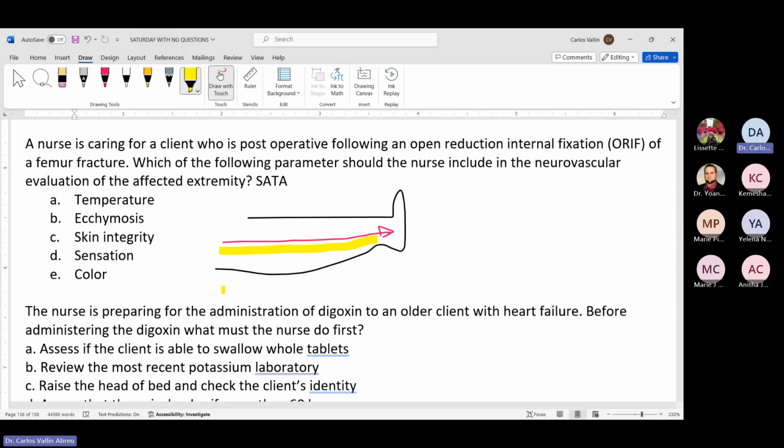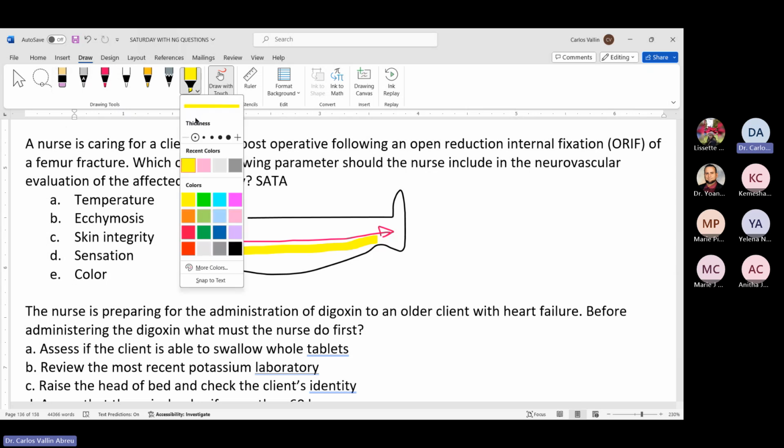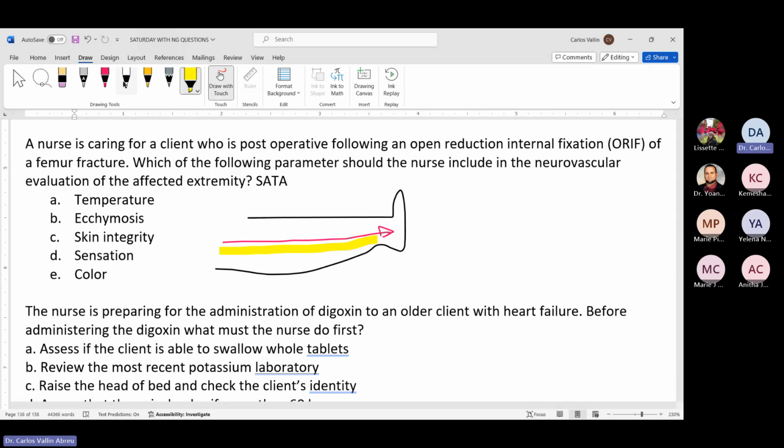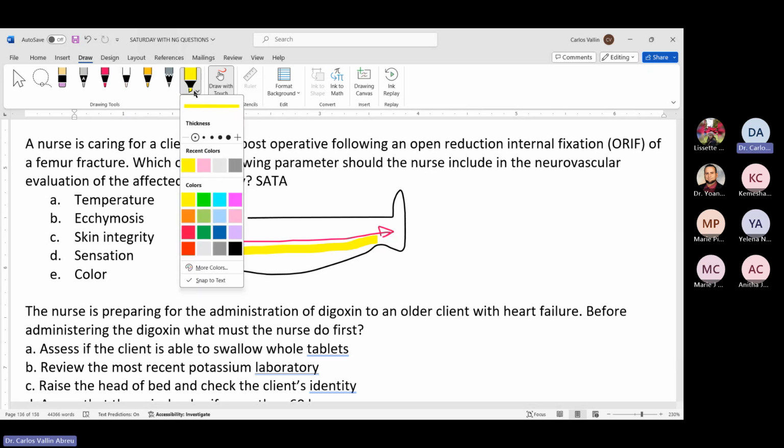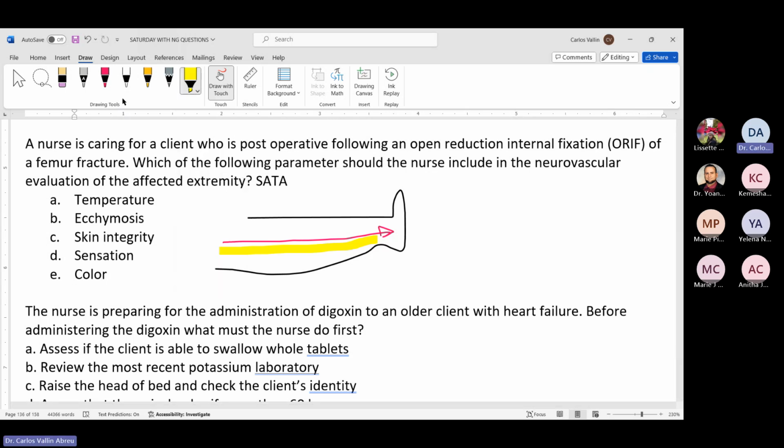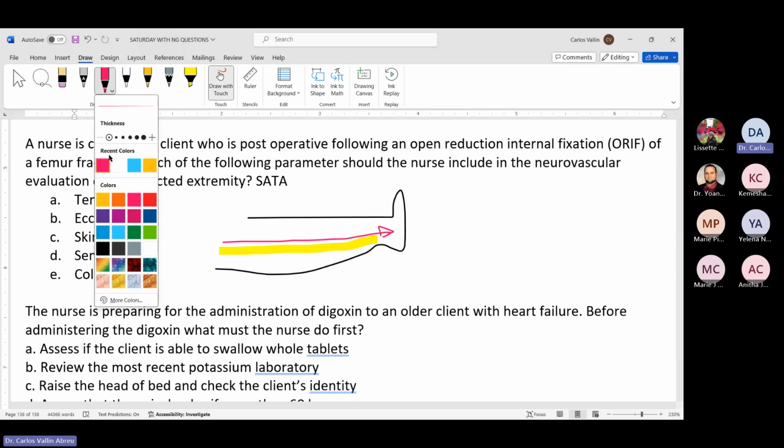So neurovascular is the evaluation of the nerve and the evaluation of the artery.